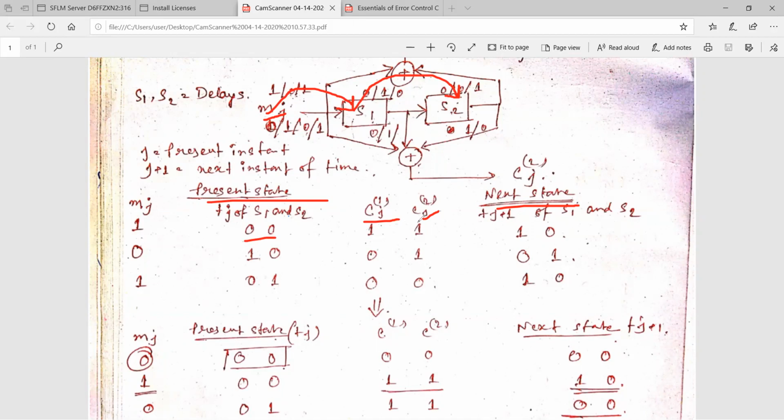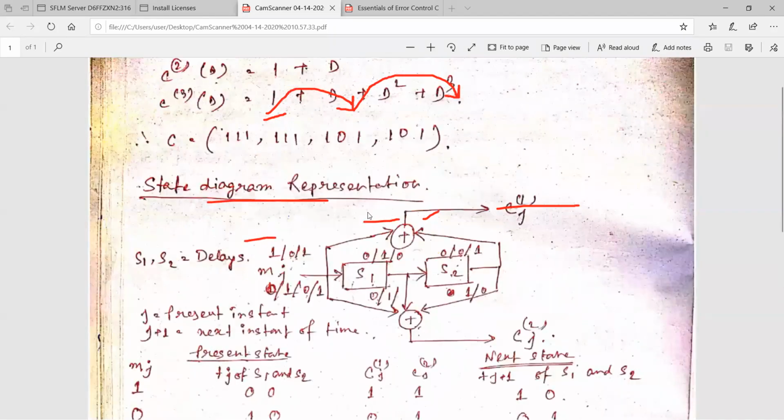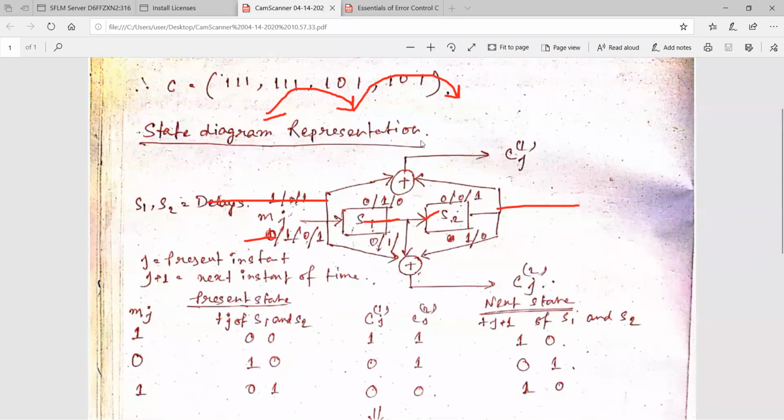So what will be C1J and C2J? If we follow this, how can we get C1J? C1J equals MJ XOR with S2.